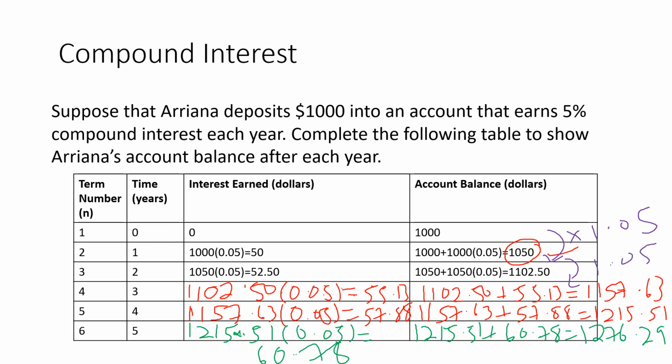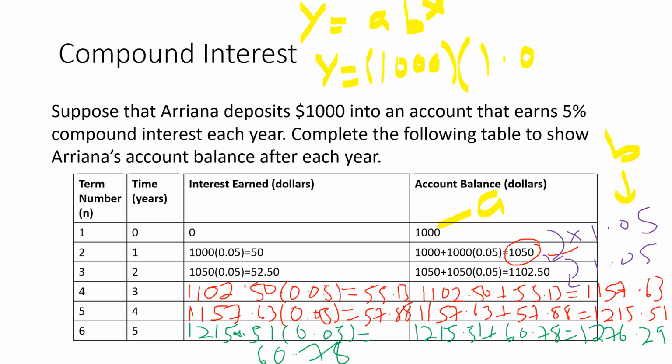So if I want to write my equation, since it's an exponential function, y equals a times b to the power x. We know this is our a, and we know this is our b. y is 1,000 times 1.05 to the power x.